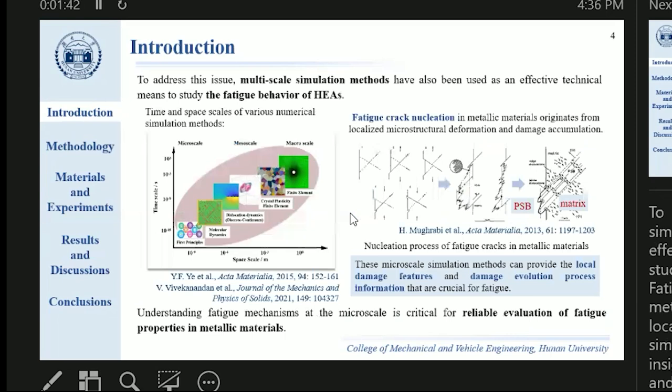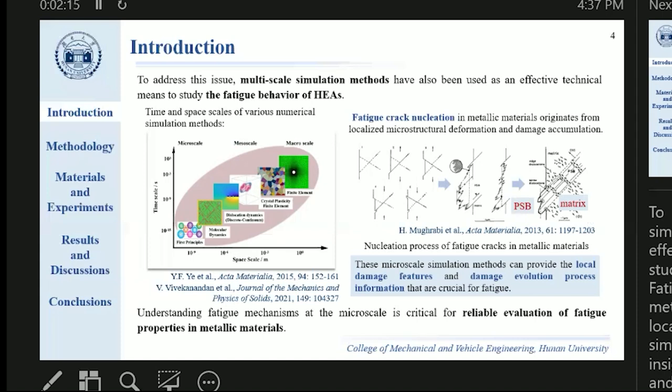To address these issues, multi-scale simulation methods serve as effective methods for studying HEA fatigue behavior. We know the fatigue nucleation in metallic materials stems from localized microstructures. So the microscale simulations provide crucial insights into damage features and their evolution.